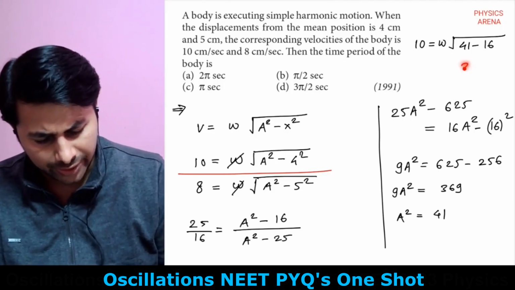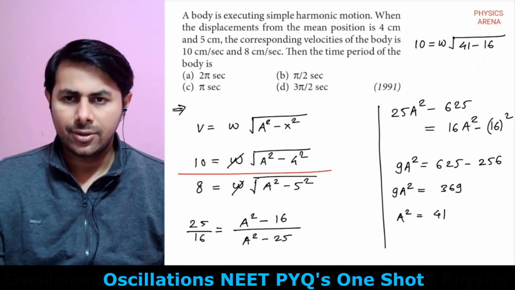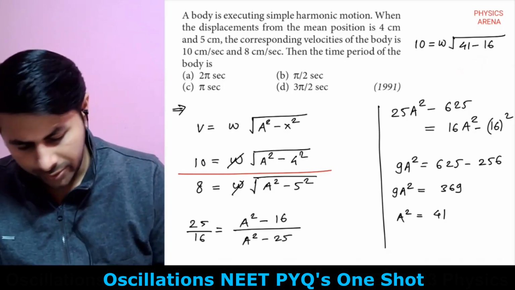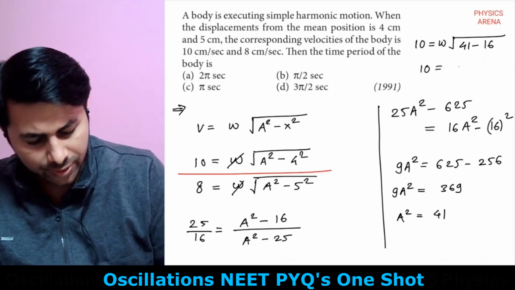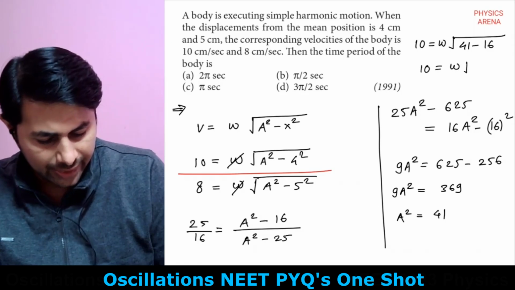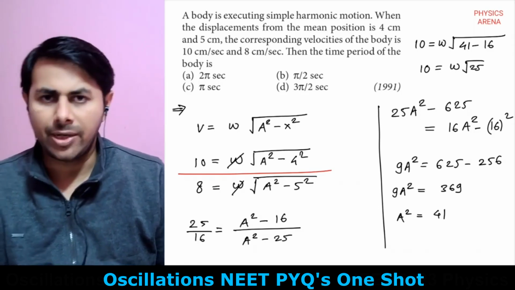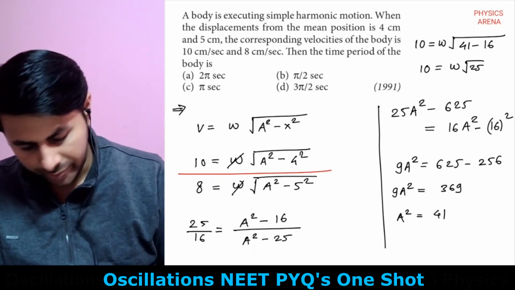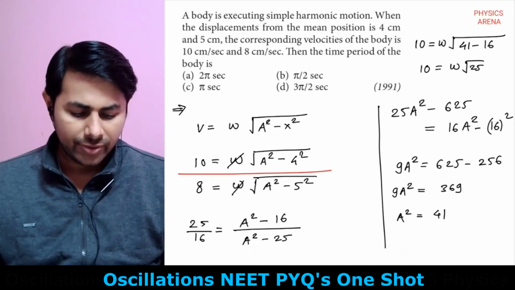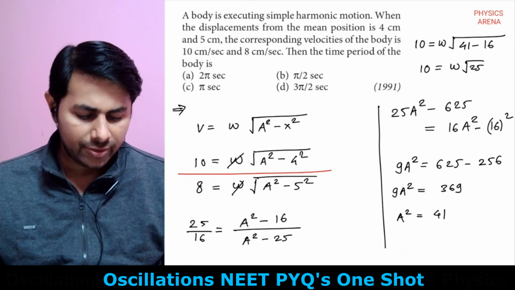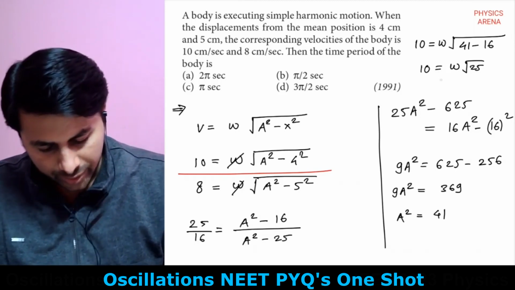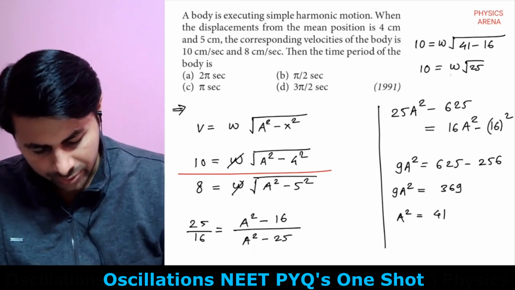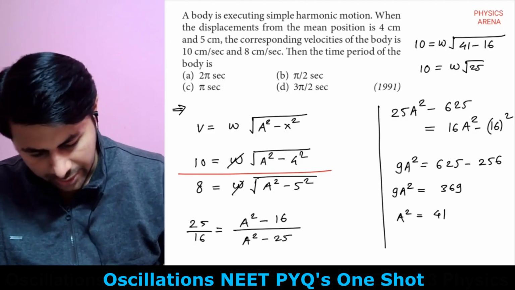It is 25. So we get 10 equals omega times square root of 25, that is 5. So 5 omega equals 10, that means omega equals what? 2. Okay, so we got omega equals 2, right?